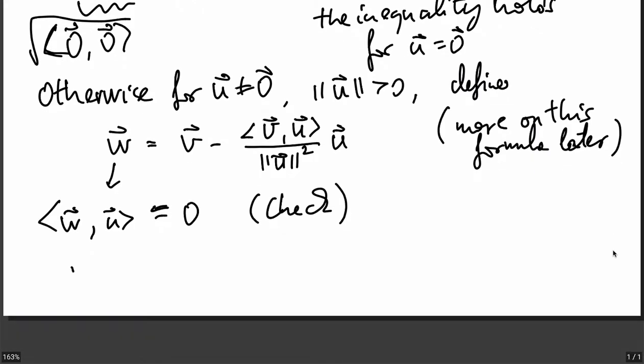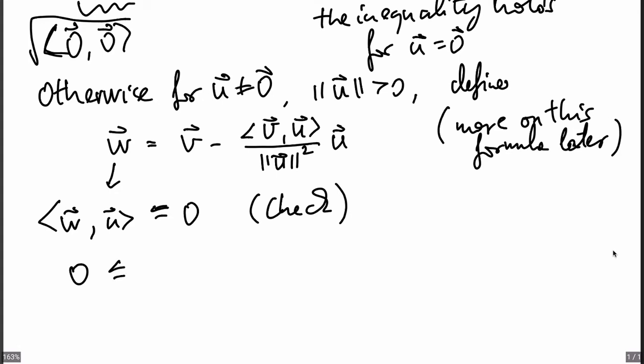And then we have that the norm of W, it doesn't matter what W is, is never negative, so especially if we square it, it becomes non-negative. If you write this out, by definition, this is the W vector inner product with itself.